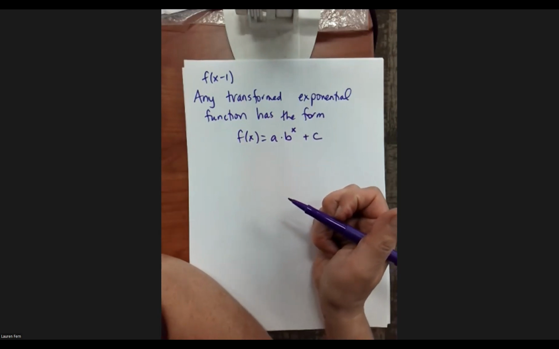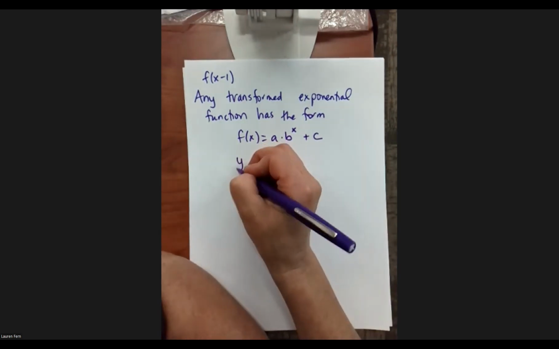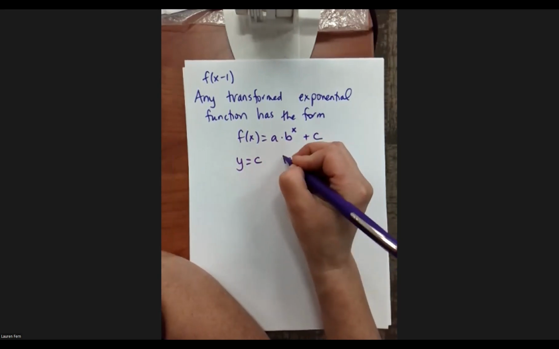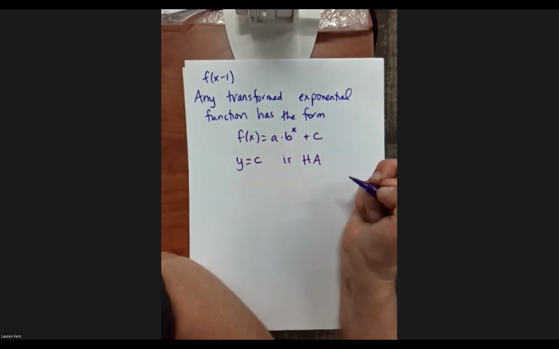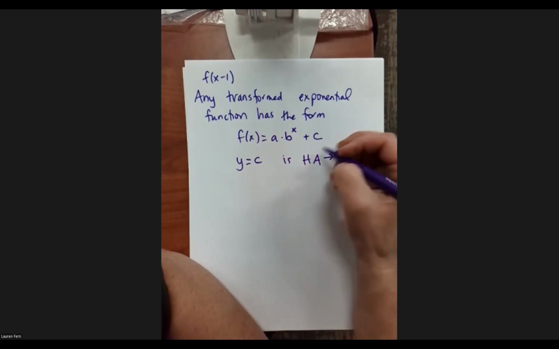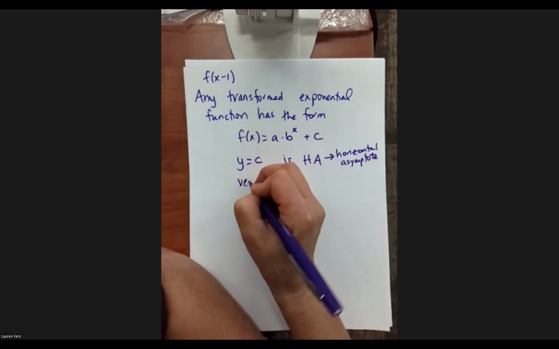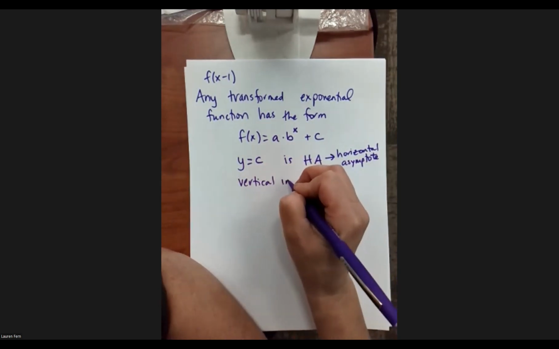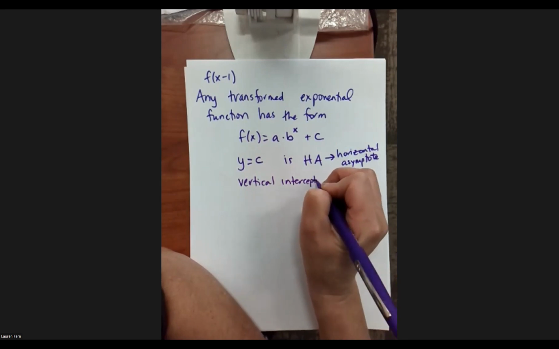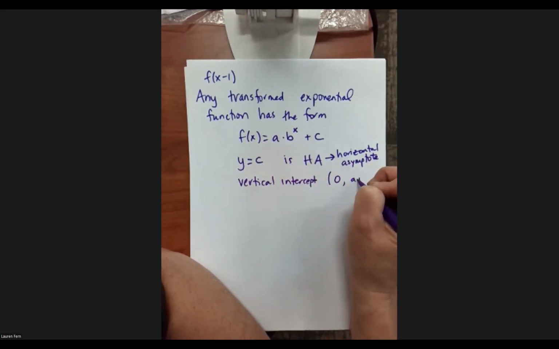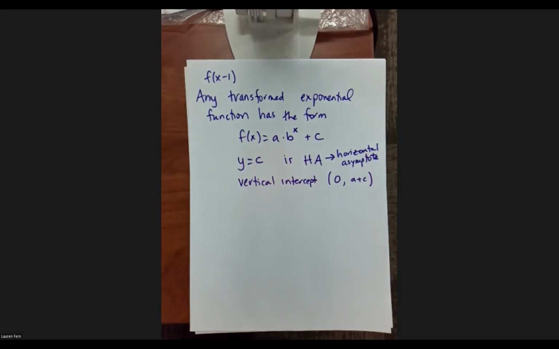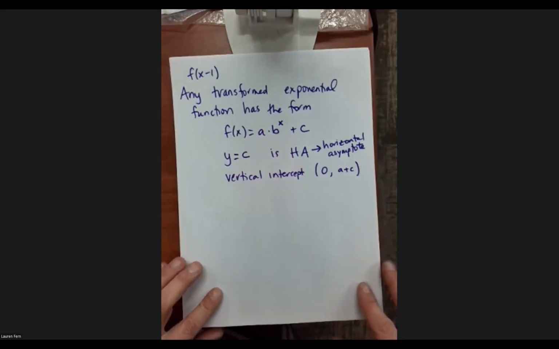And I'm going to tell you two things. y equals c is your horizontal asymptote. I write horizontal asymptote as HA because it's a lot of writing otherwise. And in general, your vertical intercept is a plus c.